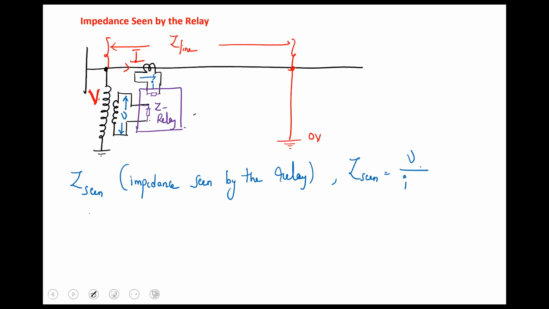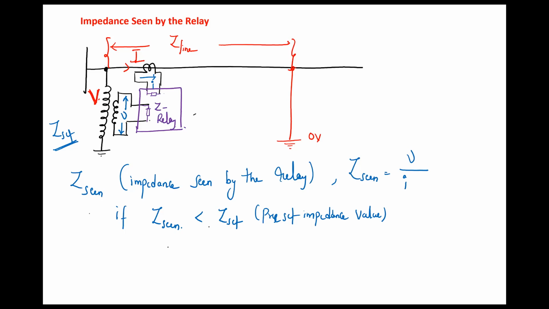Okay, now this Z seen by the relay, I have already set some impedance for this relay. Z set is some fixed, preset impedance value.